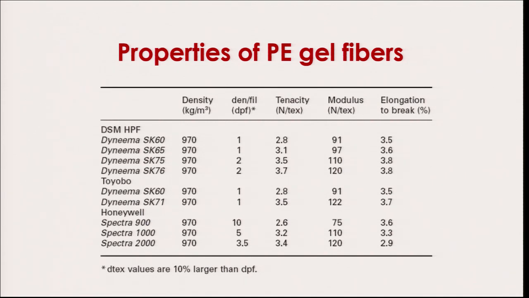So, you can use it for applications like ropes and fishing nets, where you need high strength, high modulus, high mechanical properties, but the material is easy to use. The fishing net will be floating on the surface of the water. So, that means the usability is better, right.